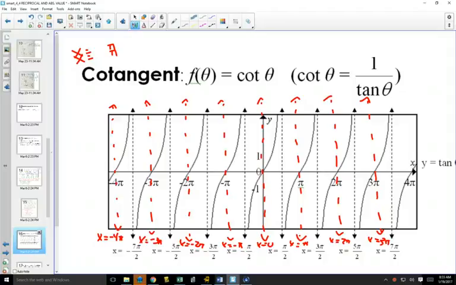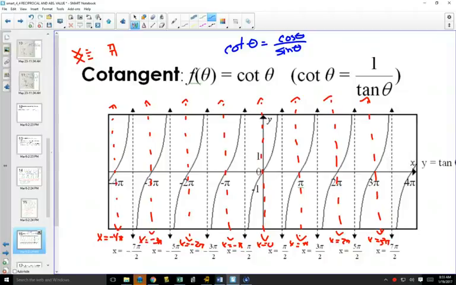Because cotangent is 1 over tangent, but from your identities, what else do you know cotangent is equal to? It's equal to cos over sine. And so because it's equal to cos over sine, wherever sine is 0, which is at all of our multiples of pi, we have our asymptotes.